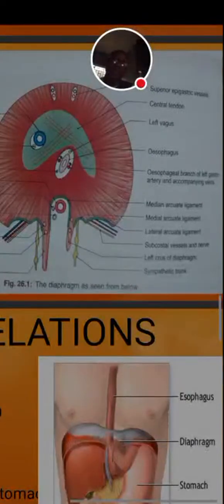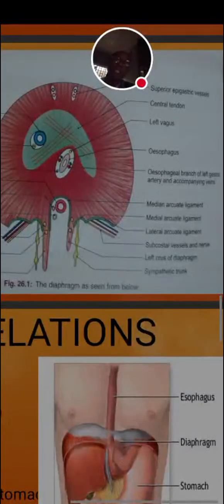And then we talk about the openings. We say the major openings and the minor openings. Major openings, VOA, that is vena cava opening, esophageal opening, and aortic opening. Minor openings, we said SMS SHAS.